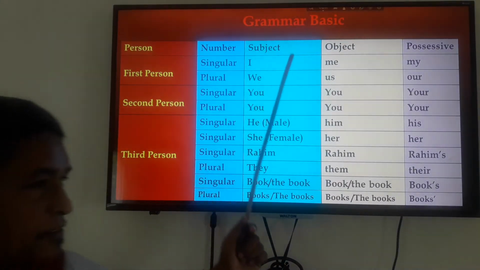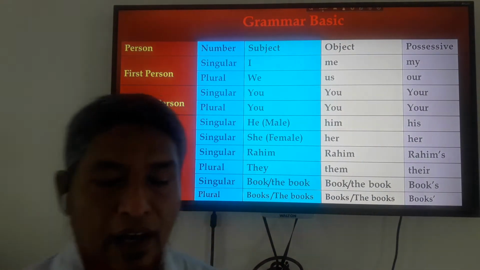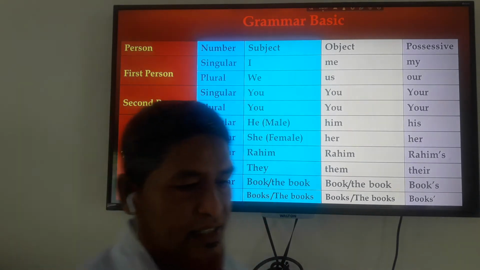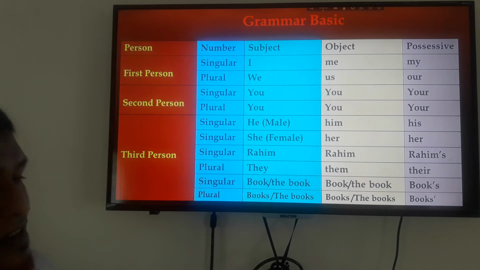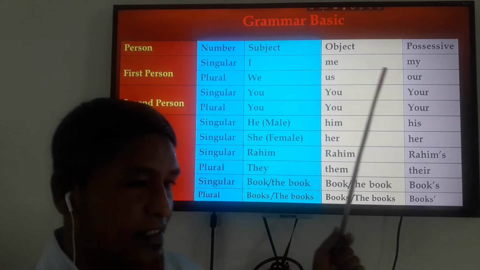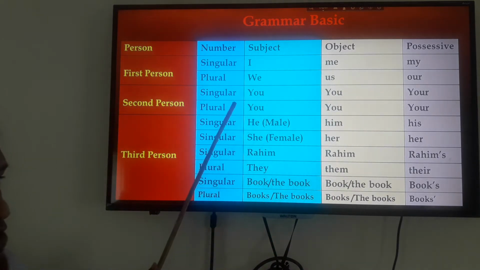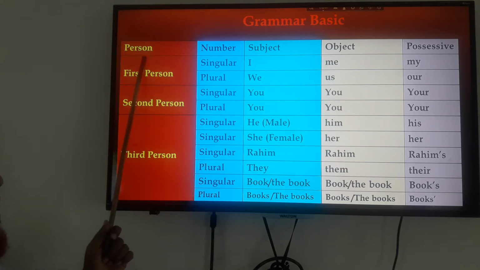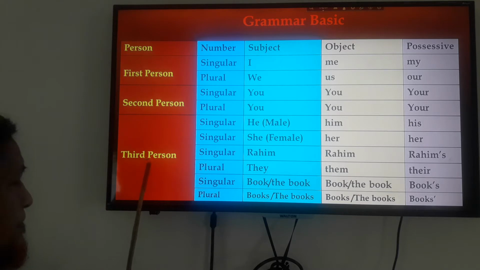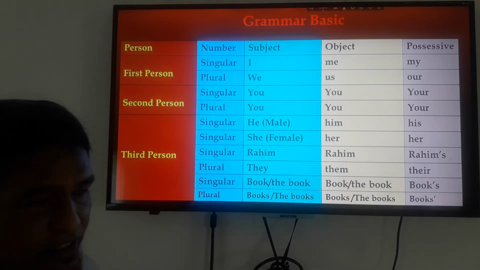Basic grammar: if you want to write a complete sentence, you will have to know some basic grammatical rules of person, number and case. Okay, here is a chart. You see here the person: first person, second person, third person. We know the persons are three kinds.